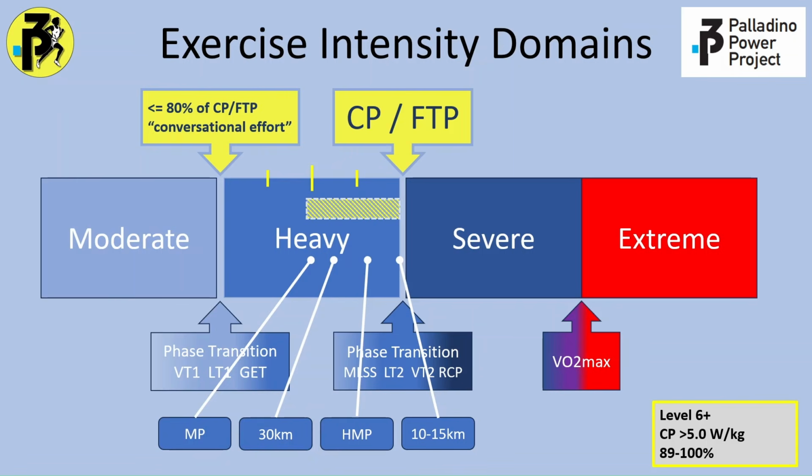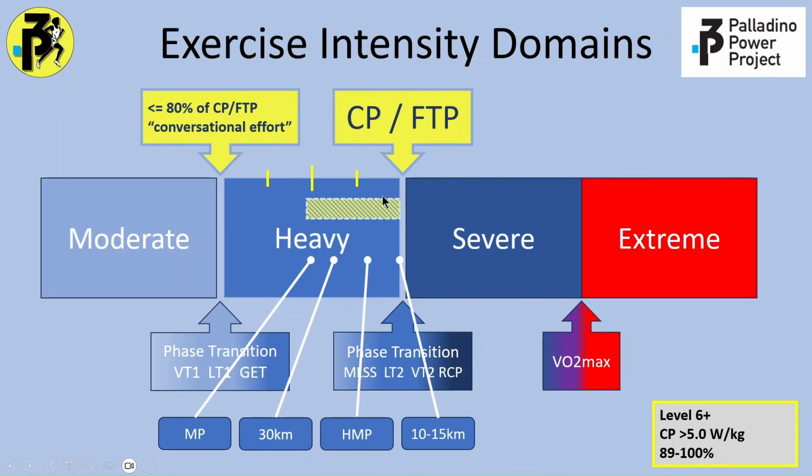And if you go to elite, marathon power for elite is 93, 95, 97%. So if you're using marathon power as the low end of this sweet spot, in an elite runner, say a 2-hour marathoner, that sweet spot is really tiny.